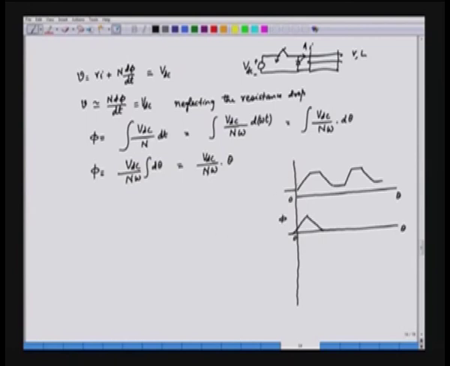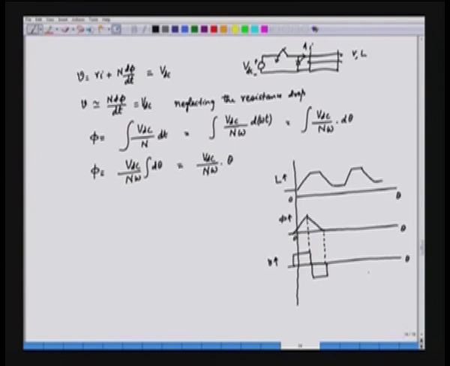This is the applied voltage V. In this case, we apply plus VDC, and then for this zone we apply a negative voltage, so that the flux dies down to 0. So, this is the applied voltage, this is the flux linkage, and this is the inductance.